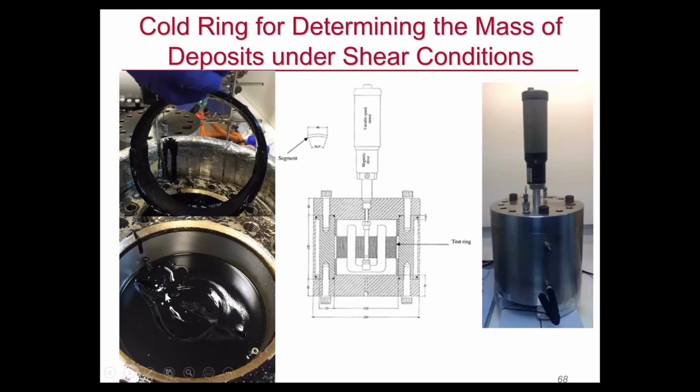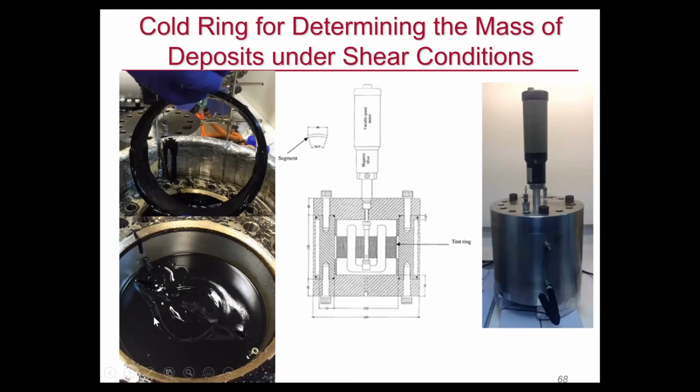This case was very interesting. The vendor said that you have to use 1,200 ppm of wax inhibitor, and we demonstrated that if there is a small shear, there will be no deposition.